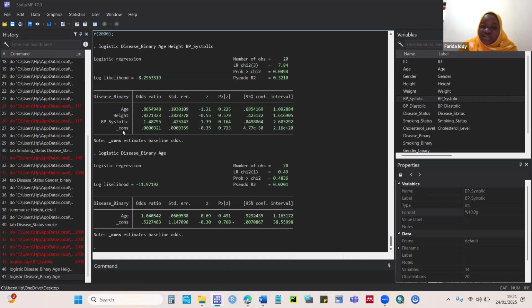So it confounds the effect of age. That's why we see here it increasing the chance of having the disease. But now adjusting for the other variables, it decreases the chance of having the disease. So any question?